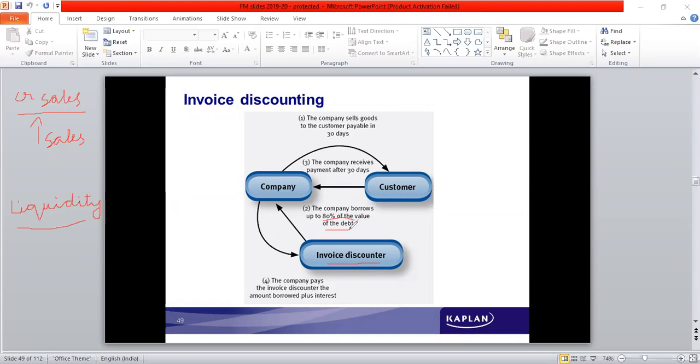So these invoices are presented to the invoice discounter, and the invoice discounter extends a loan to the company. At least 80% of the total invoiced value is extended as a debt amount to the company. So the company is now able to borrow funds as against the invoices.